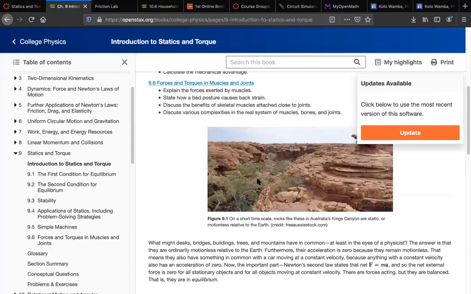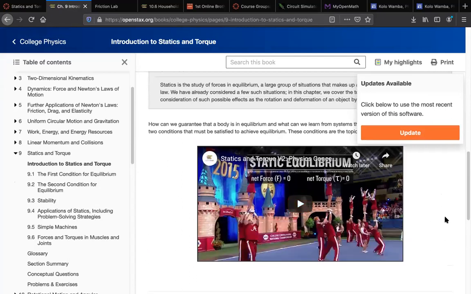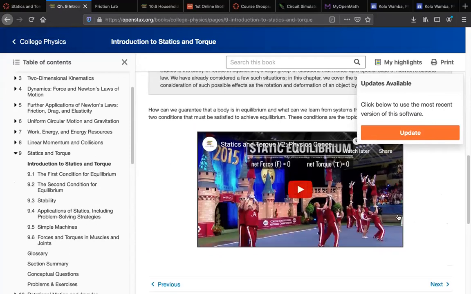All right. So you see, they have this cool video here where you see the cheerleaders, right? So what does this have to do with cheerleading? Well, the cheerleaders have to jump up on top of each other, and then they have to maintain a pose while they're on top of each other. So the question is, what have you done?